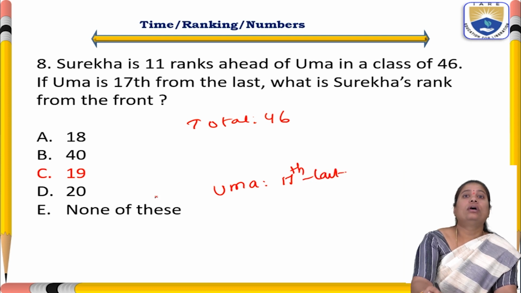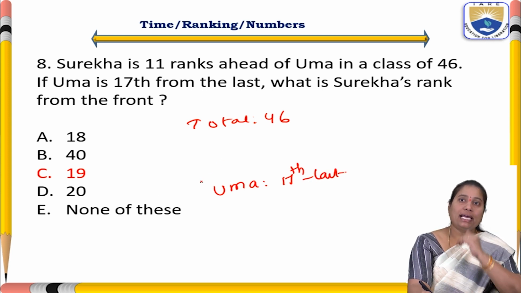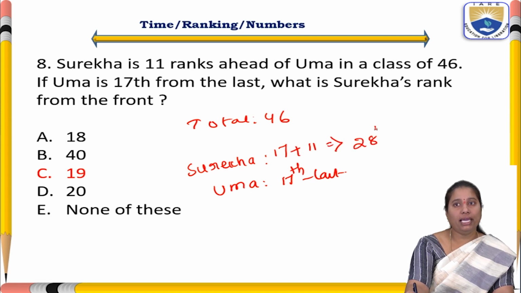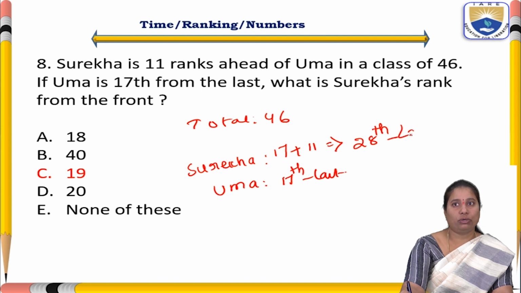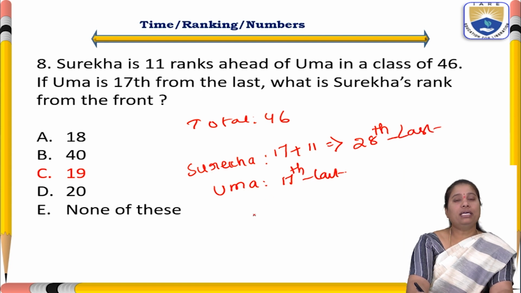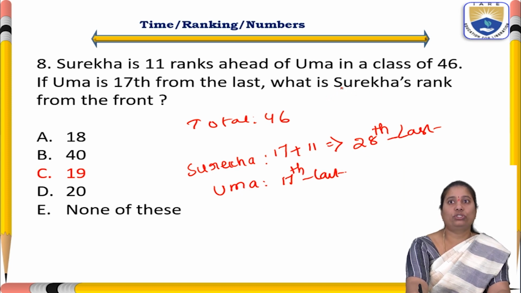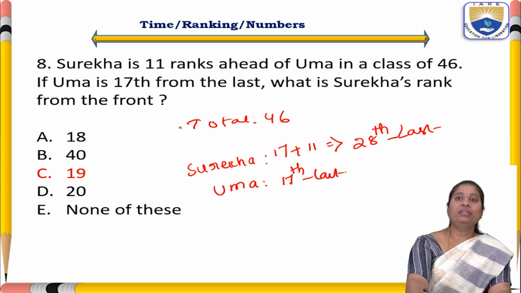Sureka is 11 ranks ahead of Uma, so Sureka's position from the last is 17 plus 11, which is 28th from the last. But they did not ask about the last position. That's why we need to be very careful while reading these questions. The question is Sureka's rank from the front.